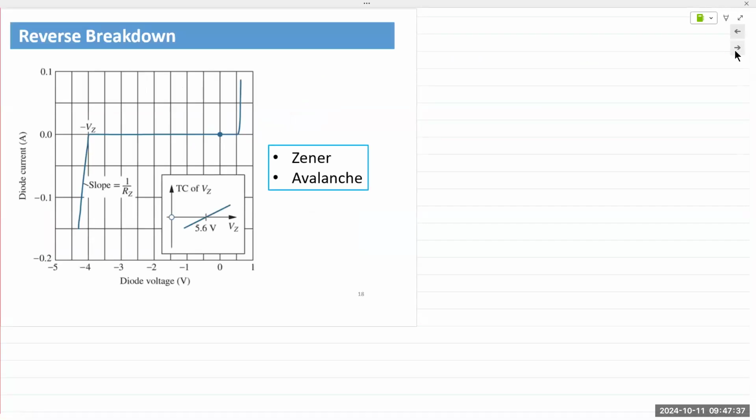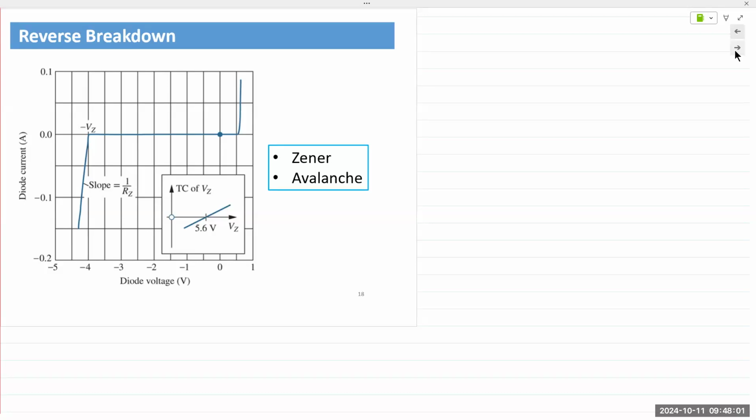Okay, reverse breakdown. In reverse breakdown, there are two mechanisms, Zener and avalanche. And the end result of the breakdown, we refer to as the junction breakdown. What happens is a whole lot of carriers now acquire enough energy and result in more carriers being generated to cross the junction.